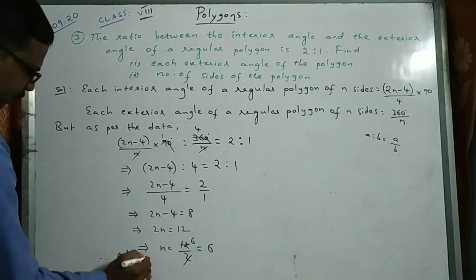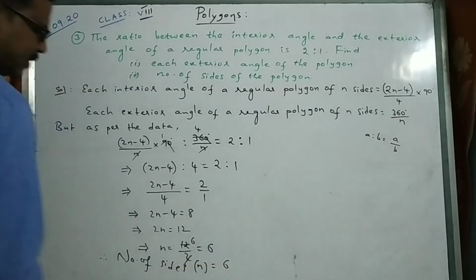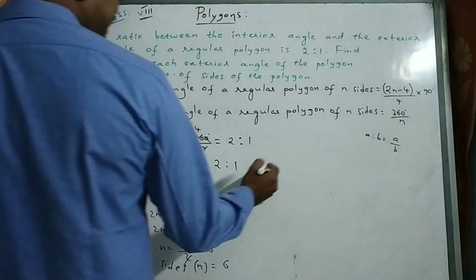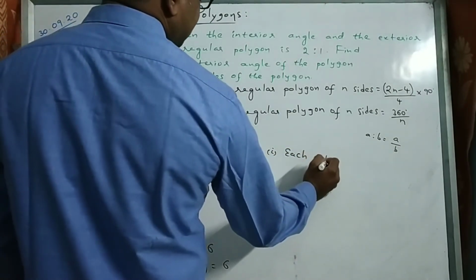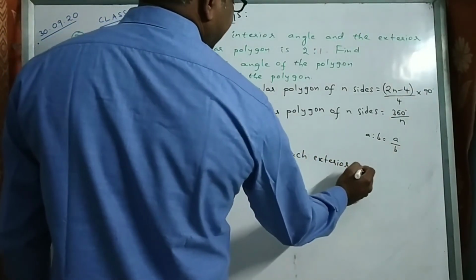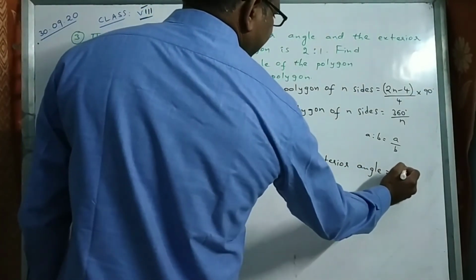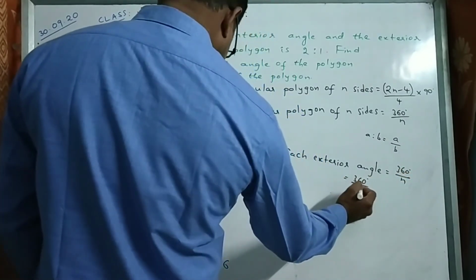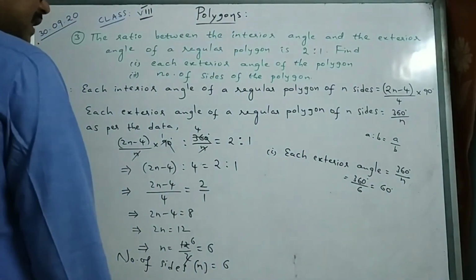Therefore number of sides how many? 6 means hexagon, right? Regular hexagon. Number of sides of the polygon we got 6. Each exterior angle, first question: each exterior angle is equal to 360 degrees by n. 360 degrees by n, with n as 6, so what is each exterior angle? 60 degrees.